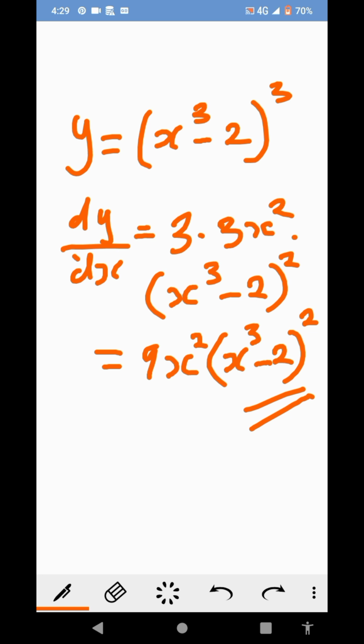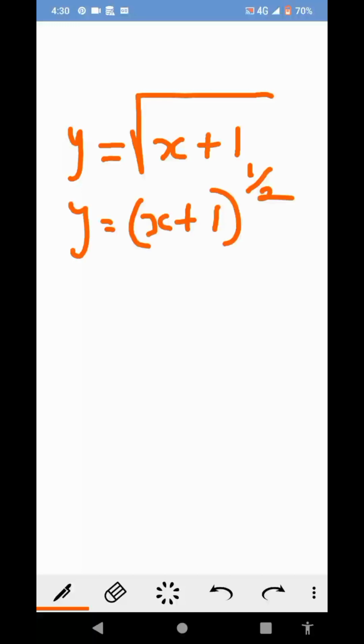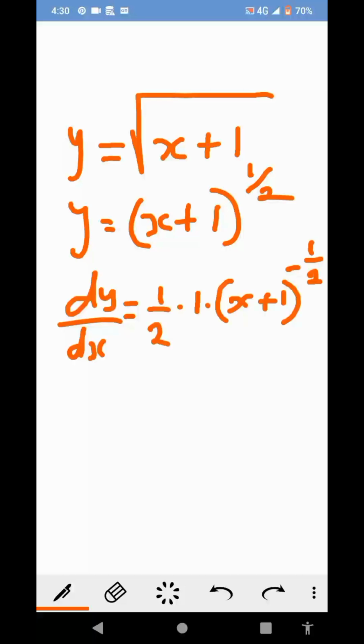Let's see another example. All right, next one is y equals the square root of x plus 1. Well, this can be transformed into y equals (x plus 1) raised to the power half. If you differentiate it, you bring down the power half, differentiate what you have in the bracket, and differentiating x plus 1 gives you 1. Then reducing the power, 1 over 2 minus 1 gives you minus 1 over 2. It's like half minus 1, you get minus half.